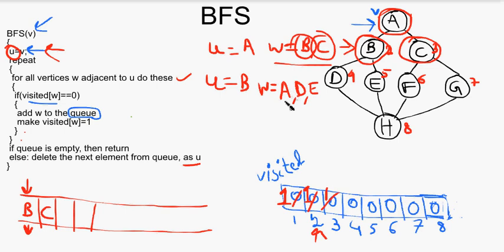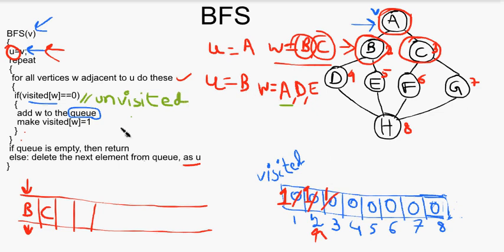So now first we are checking A. So visited of A, that is visited of 1, is 0? No, visited of 1 is not 0. That means A is already visited. This condition basically checks if the neighboring vertex is unvisited. That's what this checks.